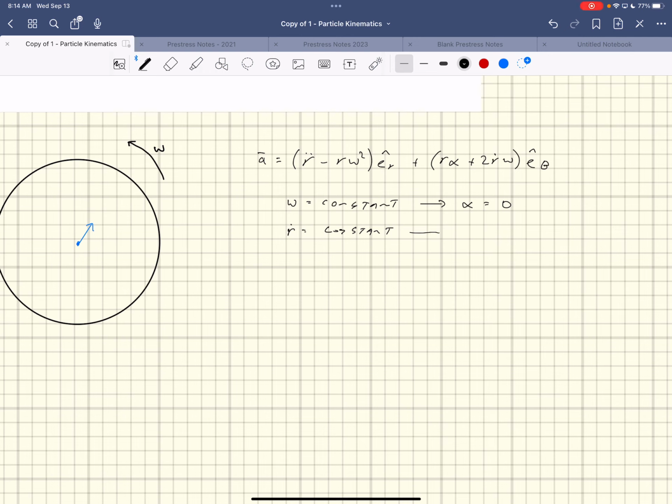If r dot is constant, then r double dot is equal to 0. And so up above, r double dot is 0, r alpha is 0, and then we're just left with acceleration equal to negative r omega squared in the e_r direction plus 2 r dot omega in the e_theta direction.